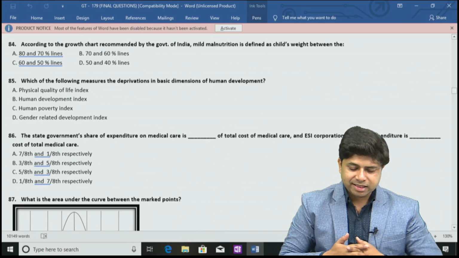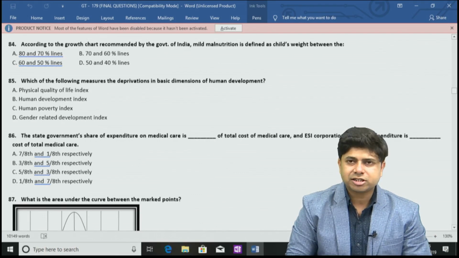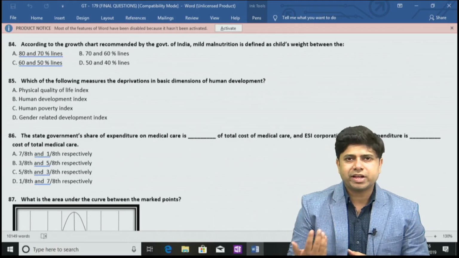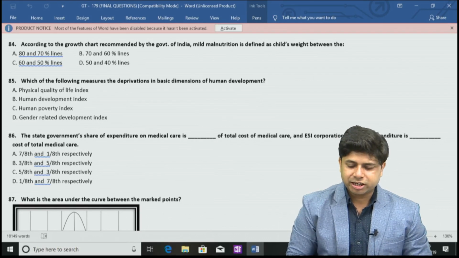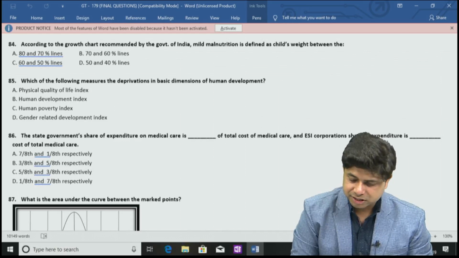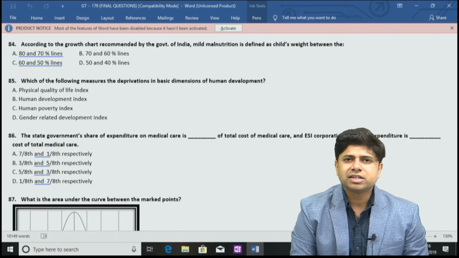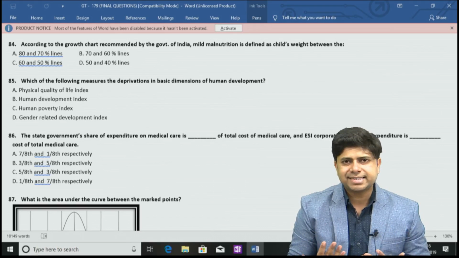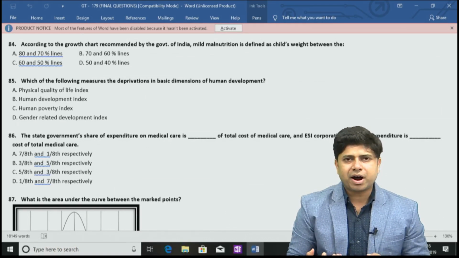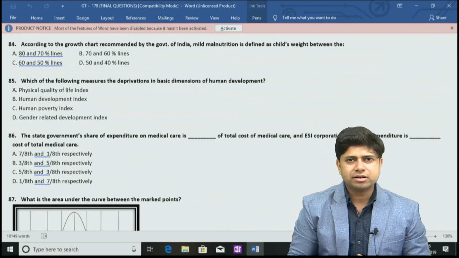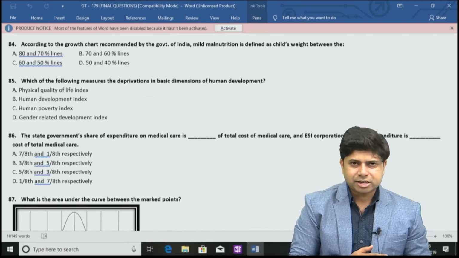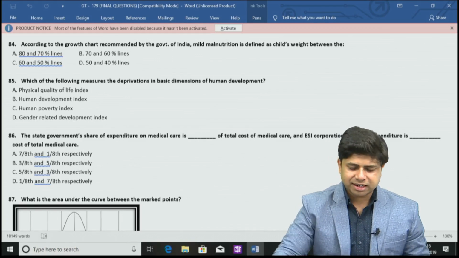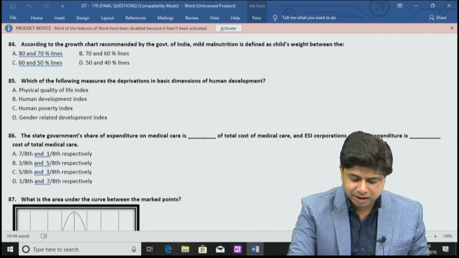So the state government's share of expenditure on medical care is 1/8, and the ESI Corporation's share is 7/8. This simply means 7 parts are shared by the ESI Corporation and one part is shared by the state government. So that is one fact-based question, you should learn it by heart.